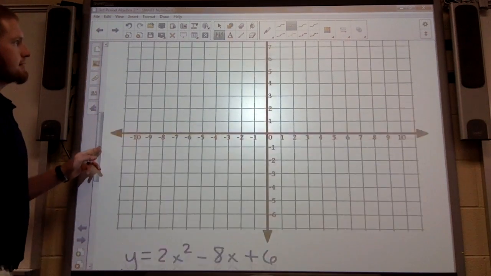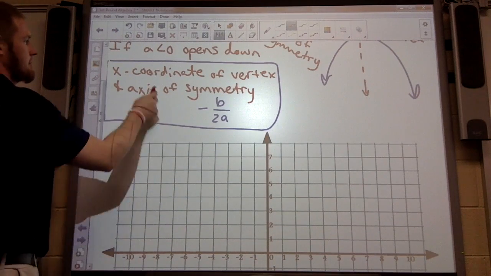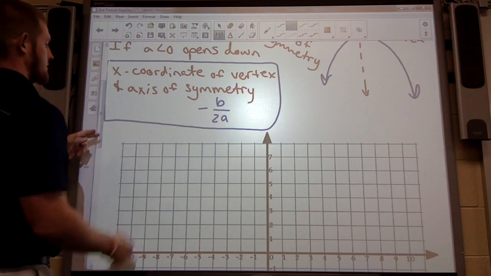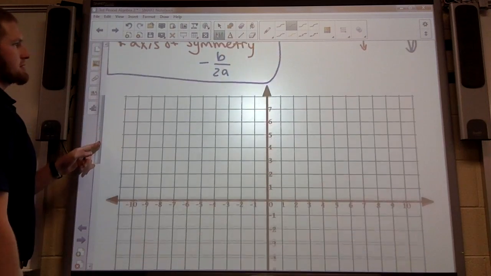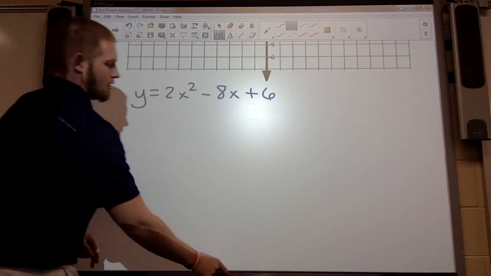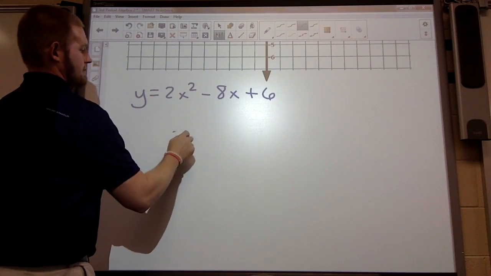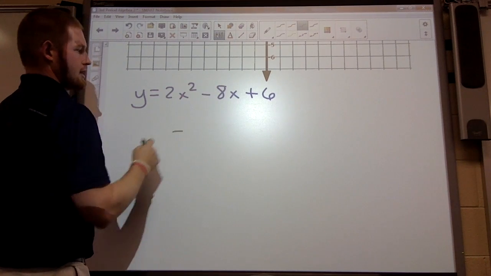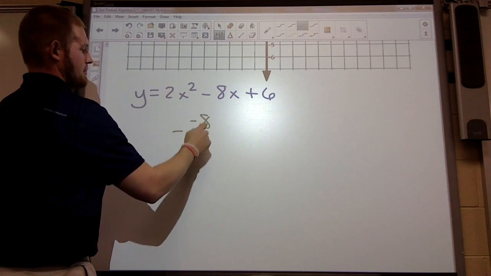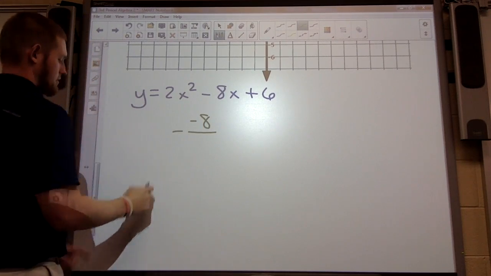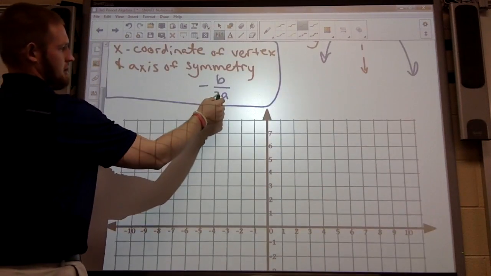And the next thing I need to find is my axis of symmetry and my vertex. Okay, so let's figure out what is the opposite of b over 2a. Well, the opposite of b. Okay, so I should have negative 8 goes on top. So I have negative 8 over, notice it's 2 times a.